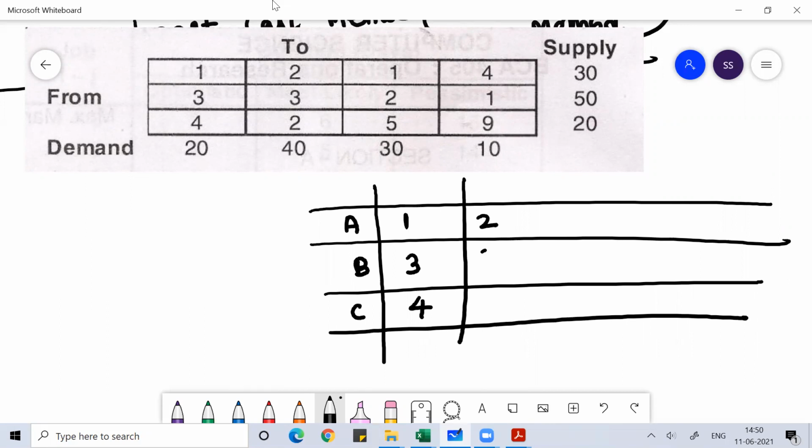Then this row is 2, 3, 2, 1; this is 1, 2, 5; this is 4, 1, 9.